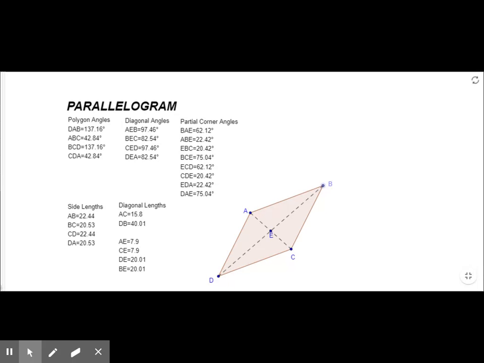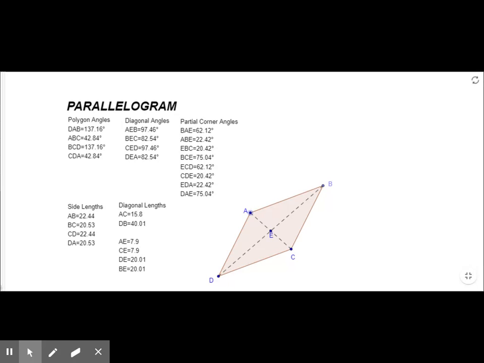Number 8 wants to know, do the diagonals bisect the opposite angles? So what they mean by that is, if I start here at D and I draw it to B, does it cut those two angles in half? That's where this information comes from here, where it says partial corner angles. So what I want to know basically is, do these two angles end up the same and these two angles end up the same?